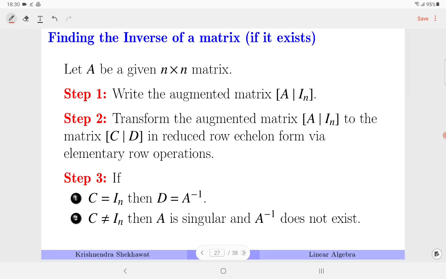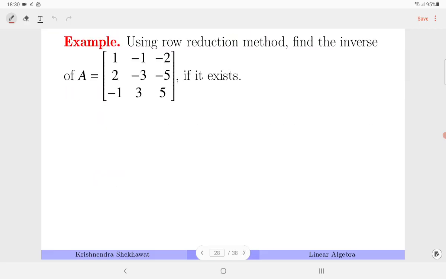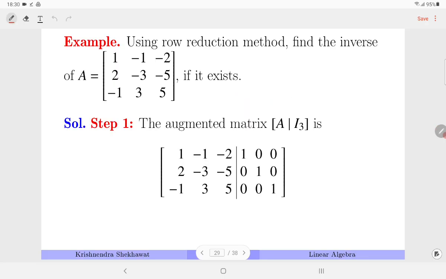Let's see some examples. Using row reduction method, find the inverse of A if it exists. So the first step is to write A I3, because the order is 3. Now you can see that this matrix is not in REF or RREF. Compute its RREF.